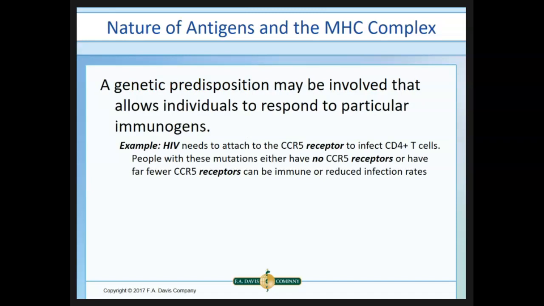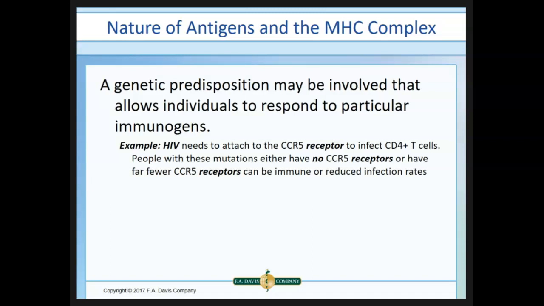And we talked about genetic predisposition, which is a little different than actual genetics. So I like to use the example of HIV. We know that HIV is a virus that likes to attach to our white blood cells, and it has to attach to CD4 T helper cells in particular. But on that CD4 helper cell, there has to be a certain receptor called the CCR5 receptor.